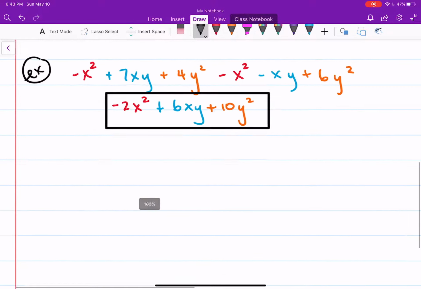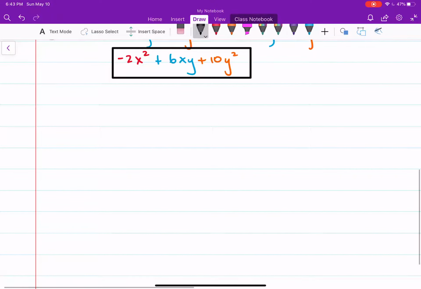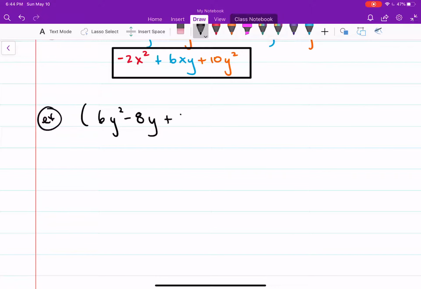Now, you might get problems like this, however, with parentheses. So you might get something like this: 6y squared minus 8y plus 5 minus a 7y squared minus 8y plus 9, okay?